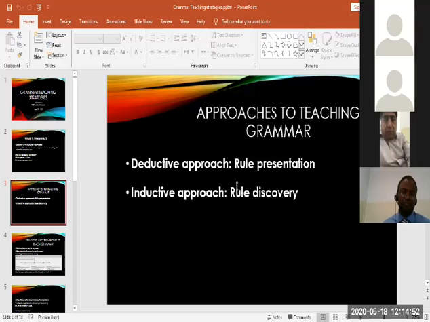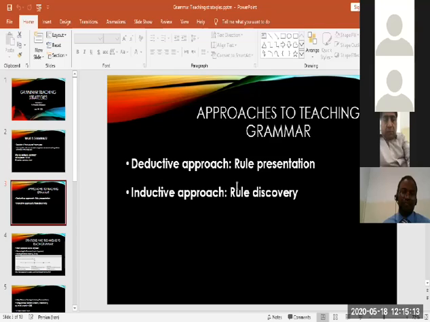But as far as the inductive approach is concerned, the rules are inferred and discovered by the learners. So there is no rule presentation from the beginning. It's just giving some examples, and the rules are inferred from those examples.